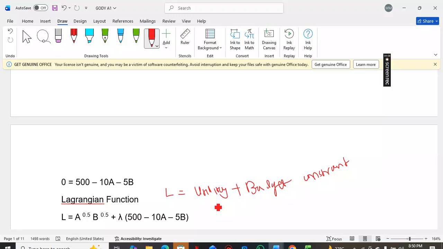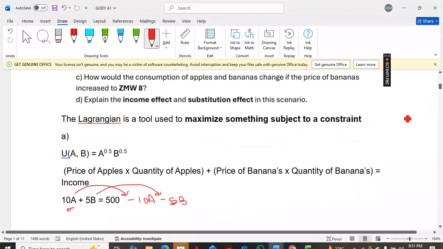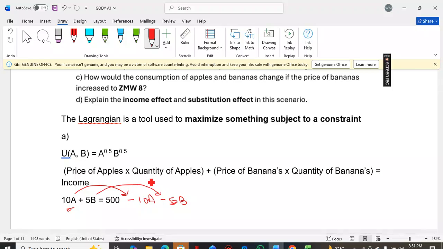Yes, sir. According to the first equation you gave for the budget constraint, you mentioned that income equals the price of X times quantity plus the price of good Y times quantity.